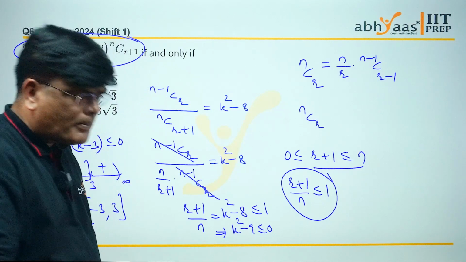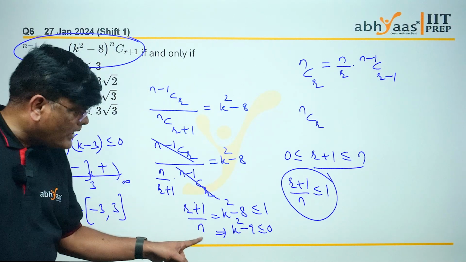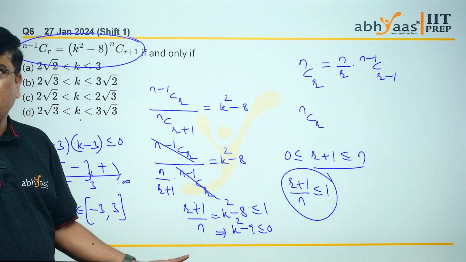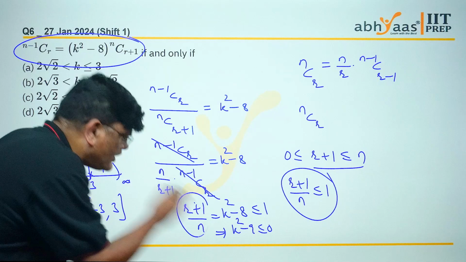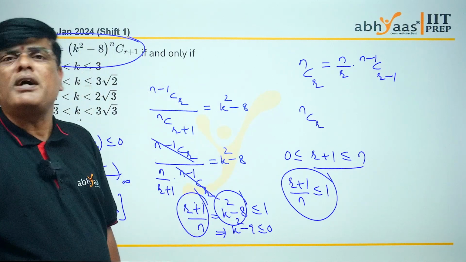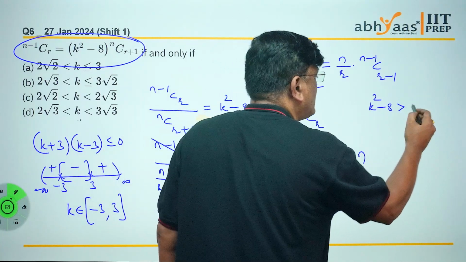Next, in this problem we have one more condition. If you observe, R plus 1 by N equals K square minus 8. R is positive and N is also positive, so this total is positive. That means K square minus 8 is greater than 0.